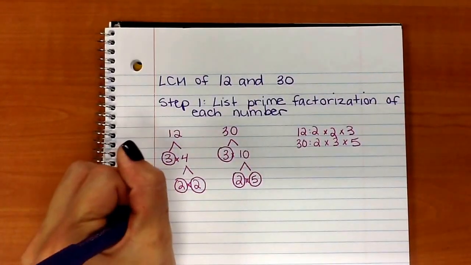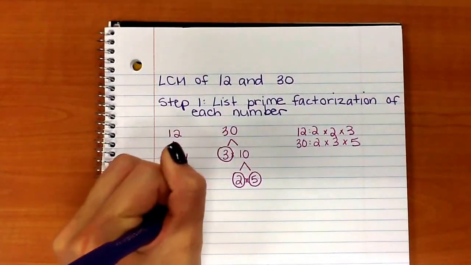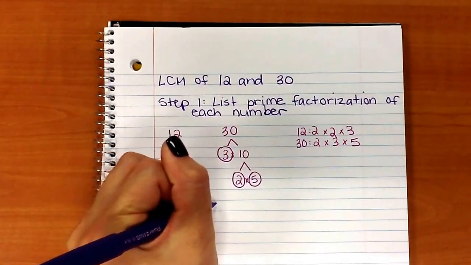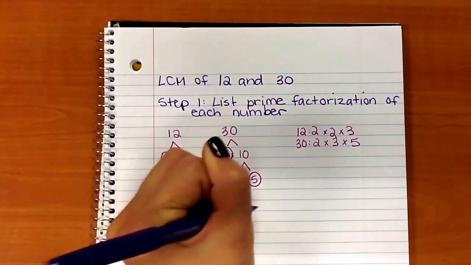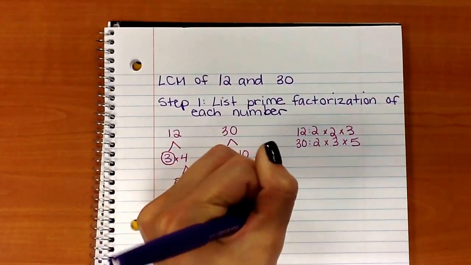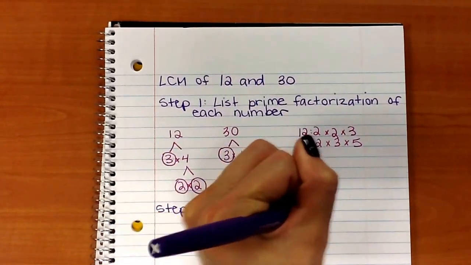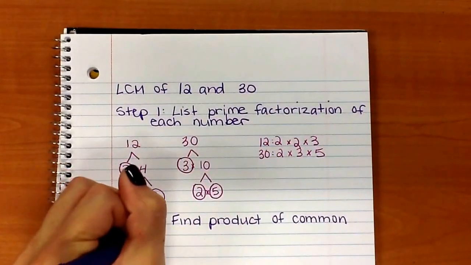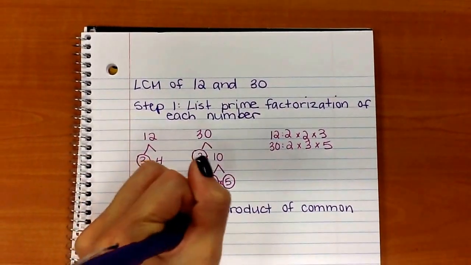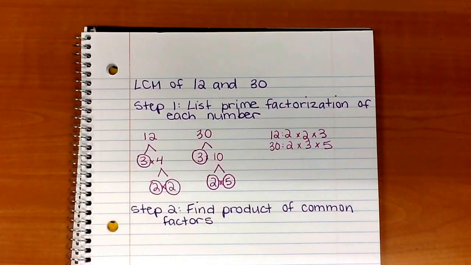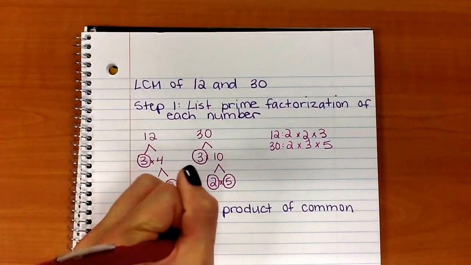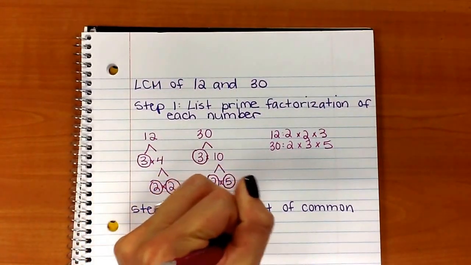For step number 2, I need to find the product of the common factors. Okay, so again, I'm going to list my prime factorization for 12, which was 2 times 2 times 3.